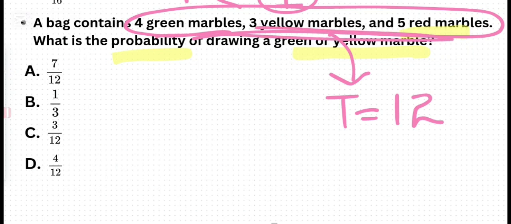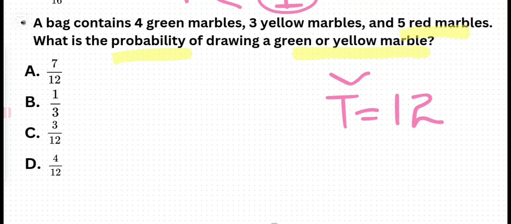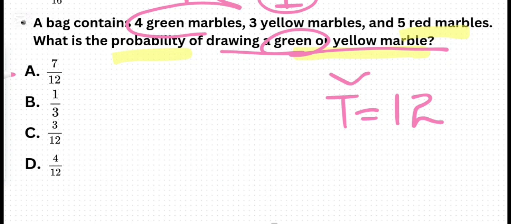So they are asking what are the chances of drawing a green or yellow marble, right? So in the question, there are 4 green marbles in the favorable outcome, and add the other one, which is yellow marbles.